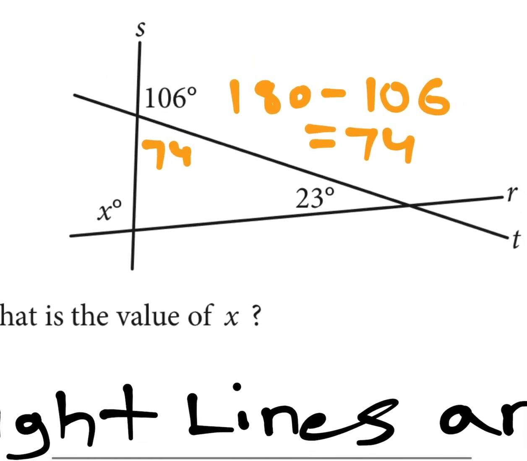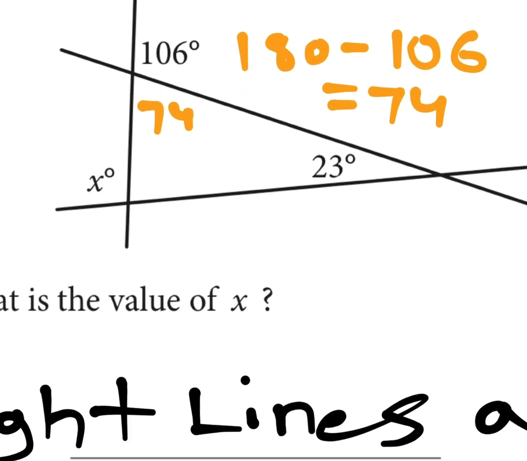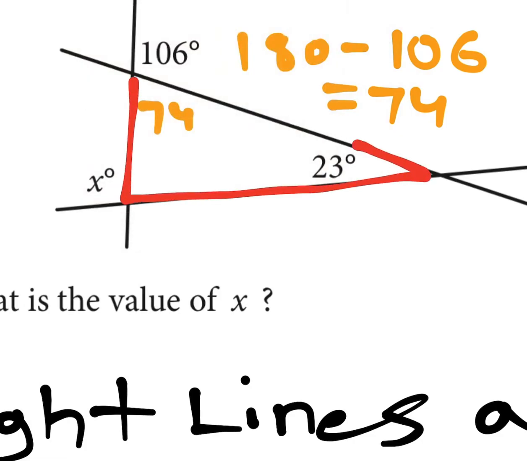Now another thing to remember is that all triangles are going to add up to 180 degrees. That's just one of the common principles for any triangle. So if we look at this triangle that I'm going to highlight in red right here, we now have two of the three angles of this triangle.